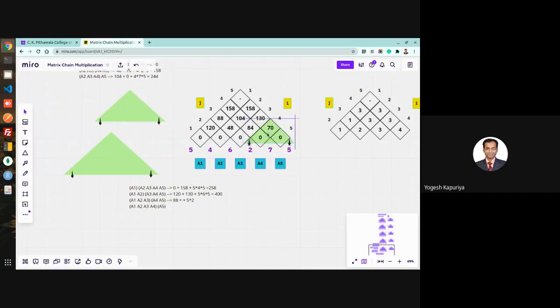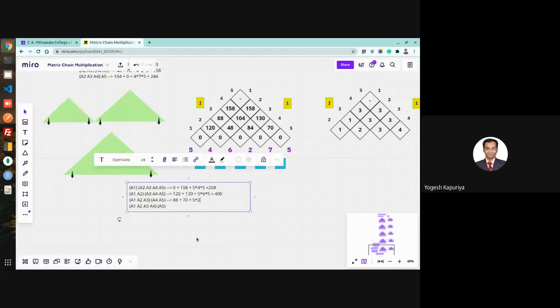A4, A5 is this, so that is 70 and the dimension is 2 cross 5. So 70 plus 2 cross 5. So that is 5 into 5, 25 into 2 is 50, plus 70, 120 plus 88, 208. Okay.